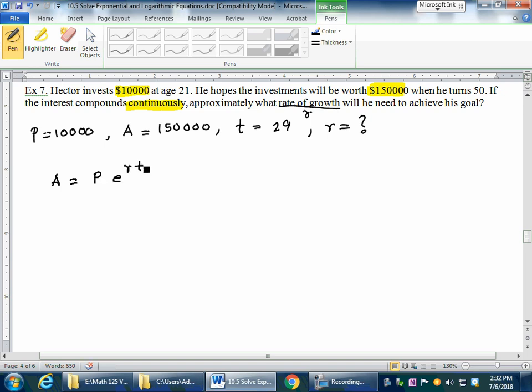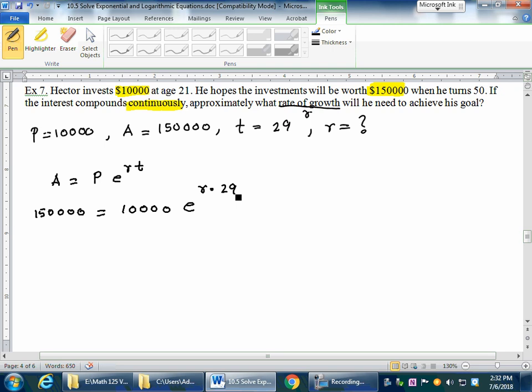So this is more of a solving equation case now. A, we know that our final amount must be 150,000, and then we put in 10,000, and e to the R, which is what we're looking for, times 29. So we are solving for R, which is solving an exponential equation.